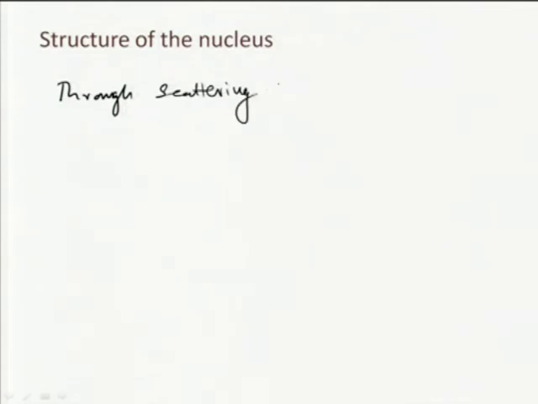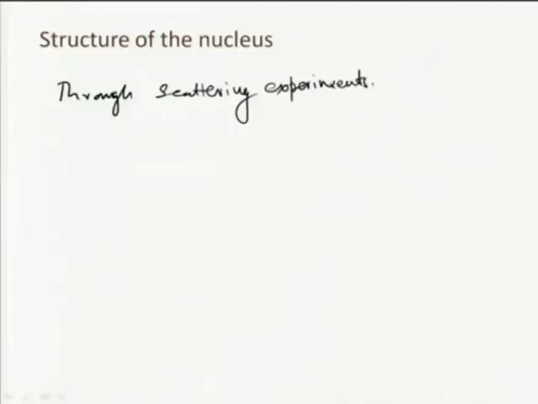Okay. So, first we will spend a little time discussing the structure of the nucleus, or how we actually come out with the interpretation that the nucleus itself, going beyond Rutherford's experiment, has substructures like protons and neutrons.